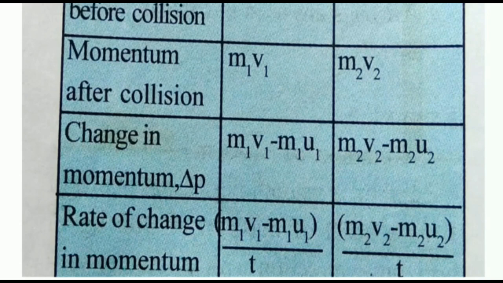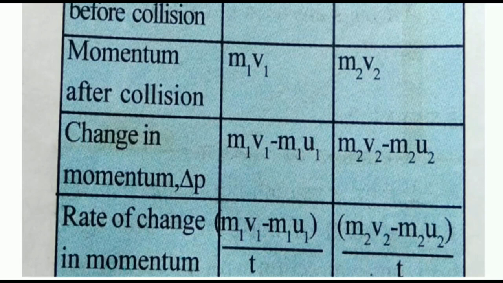Hence, we get delta P1 by t is equal to minus delta P2 by t. Then (m1v1 minus m1u1) by t is equal to minus (m2v2 minus m2u2) by t. After solving these equations, we get m1u1 plus m2u2 is equal to m1v1 plus m2v2.